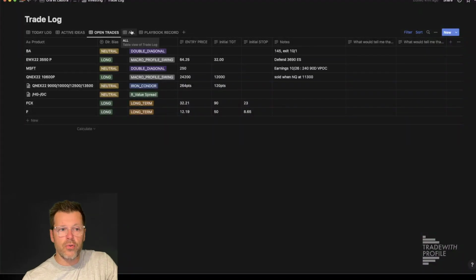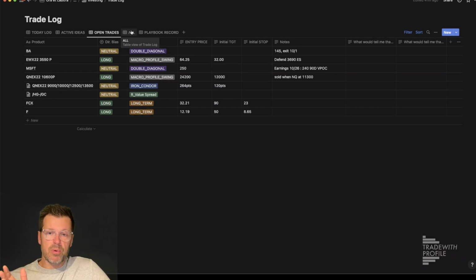We had three different double diagonals that we were looking for in Apple, Microsoft, Google. Ended up taking the one at Microsoft. Still in that one. We'll look to close that one, probably Monday or Tuesday. Still short the 1060 put. That's looking great. Got a little bit of heat on that one post the Apple earnings, but as we got back, that worked out great.